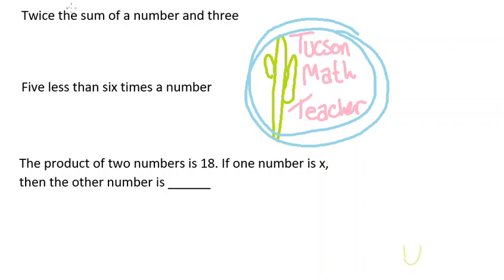So we'll start with this first one: twice the sum of a number and 3. The first tricky spot I want to talk about here is the word sum. You've probably heard that sum means not addition, but the answer to addition. And the corresponding word for subtraction is difference.